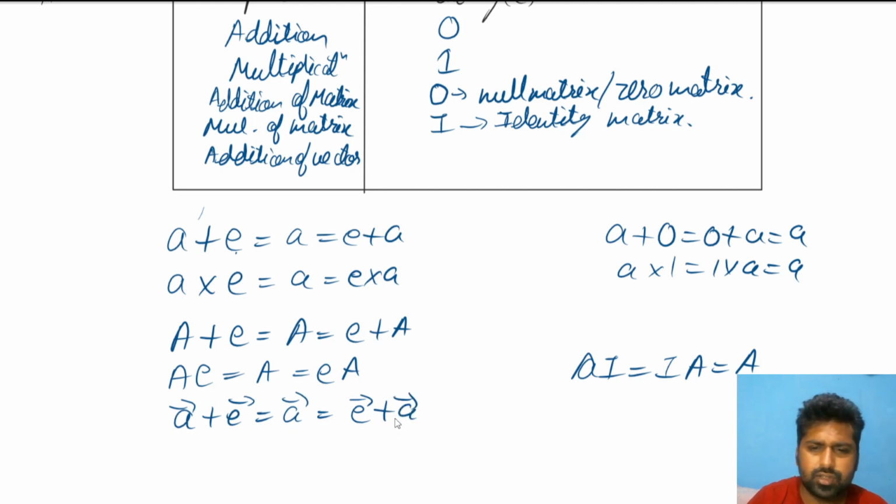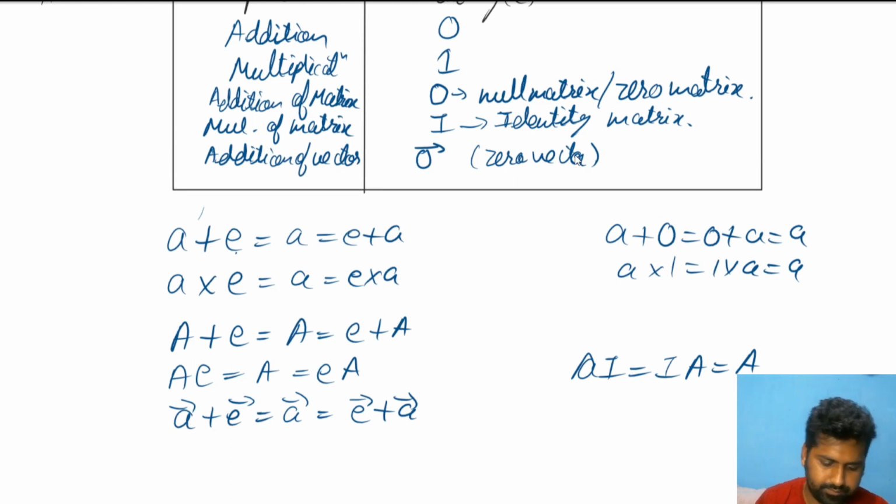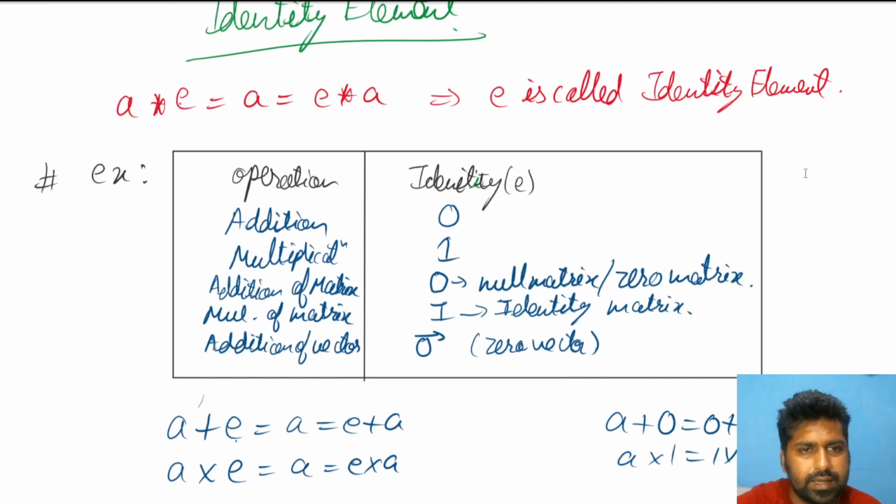Addition in vector is also commutative, but what should be this e? This should be a zero vector. All right, this was the basic for identity element.